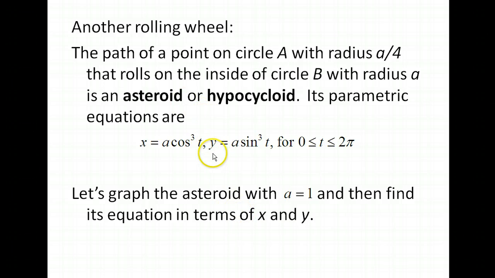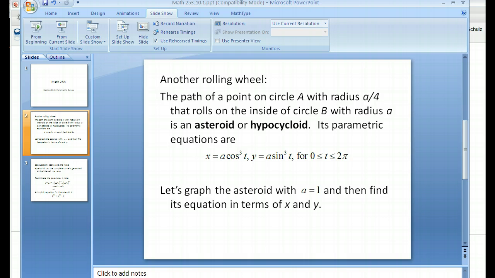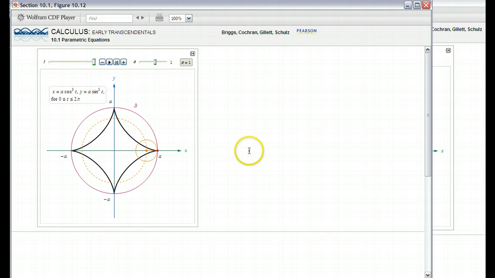So remember, I provided you with a link to a parametric grapher on your Moodle site, but I have also gotten an animation here from your textbook resources. This is through the Wolfram CDF player, so we have an interactive feature with our textbook. And this right here represents the path or the graph of this parametric curve from these parametric equations.